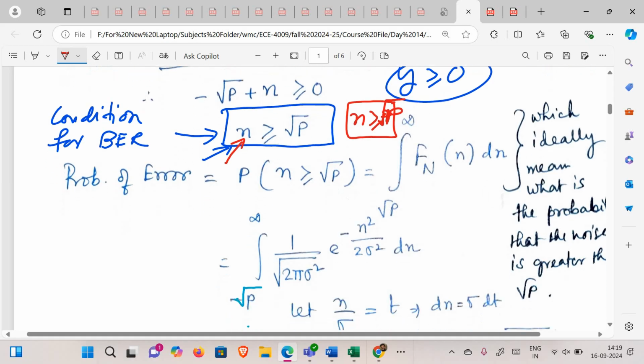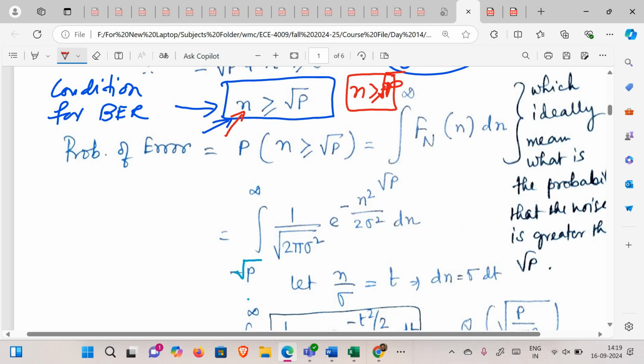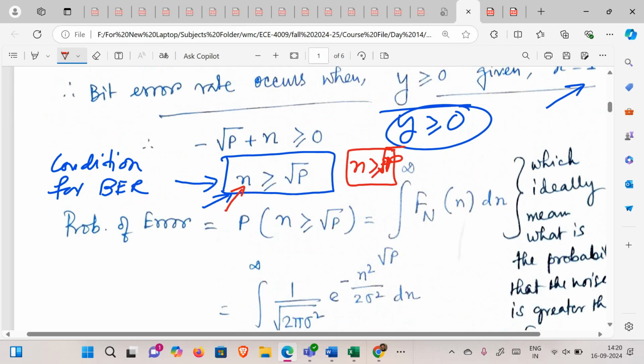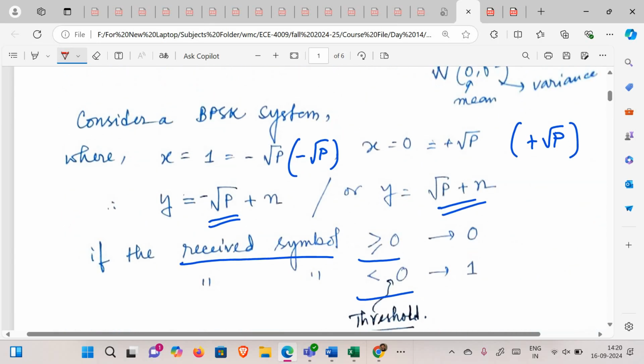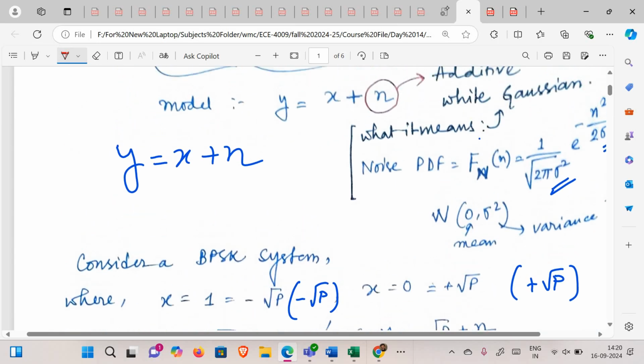The second thing we are understanding here is the probability that this condition will happen. That's why we are calling it the probability of error. So what is the probability that N is greater than square root of P? That is usually computed in this order, where this is the probability density function of the noise.